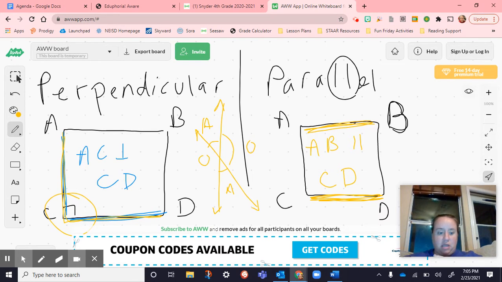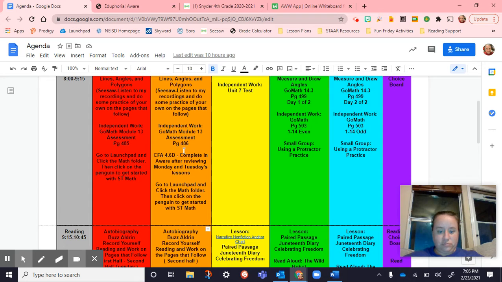The other thing, with CF 4.6D, there's a section in there.